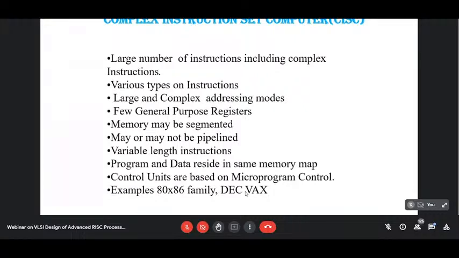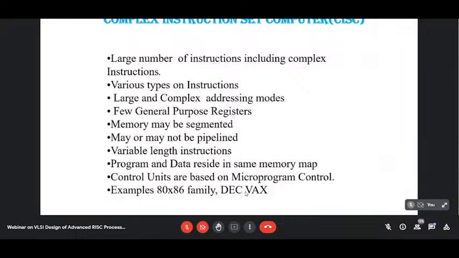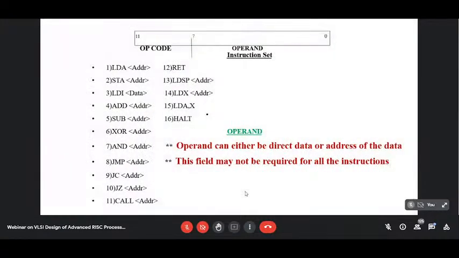So program and data reside in the same memory. The control unit is designed using a microprogram control unit. And the number of registers is smaller. Addressing modes are also quite complex. So, to understand the RISC architecture, or to understand how to design a CISC computer first, let's take an example.